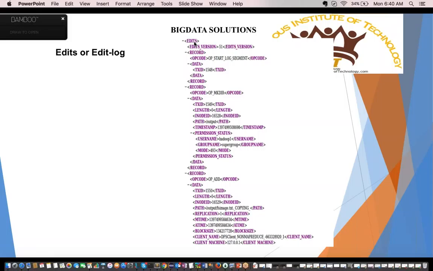Opcode is nothing but operation code, and here he created a directory, with the length, inode, path where he created it, the timestamp of when he created it, who the user is, which group he belongs to, and what the mode is.